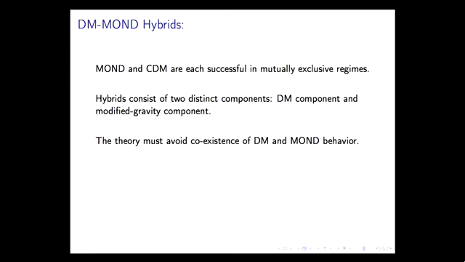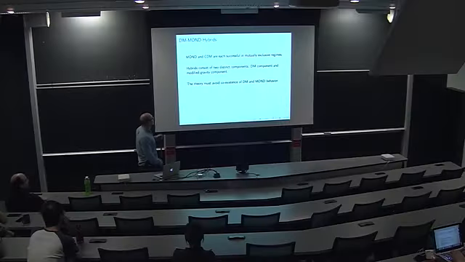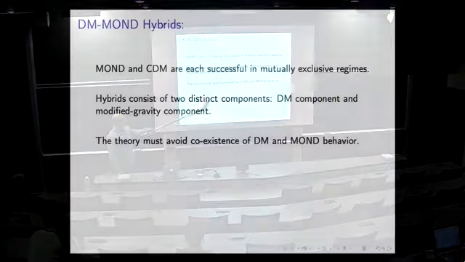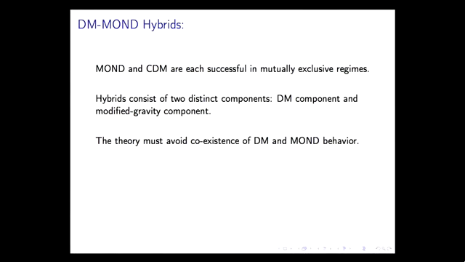But the first challenge one faces when trying to engineer such hybrid models is to find a theory that avoids the coexistence of dark matter and MOND behavior. Because if you have dark matter that acts as dark matter at large scales, the question is how it behaves when it collapses at short scales.